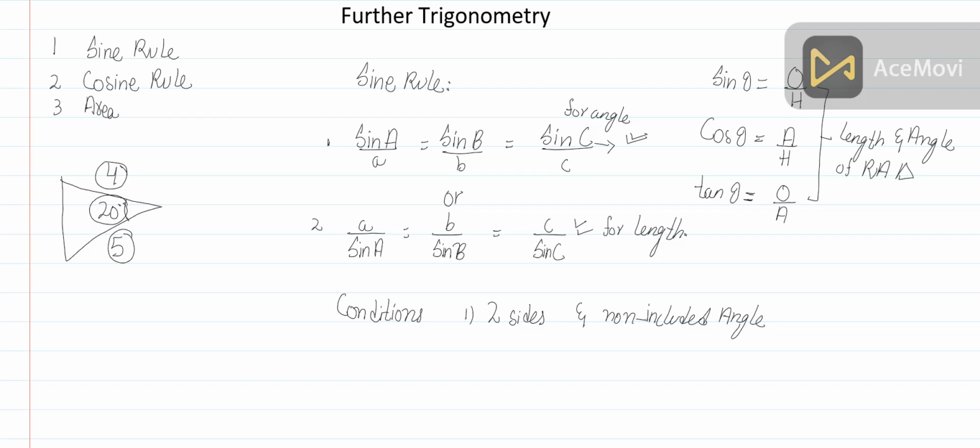If the angle is present between two known sides, then it is considered an included angle. Included means the angle which is present between two known sides. And if the angle is not present between two known sides, but between one known and one unknown, then that angle is considered a non-included angle. Got it? One more time.